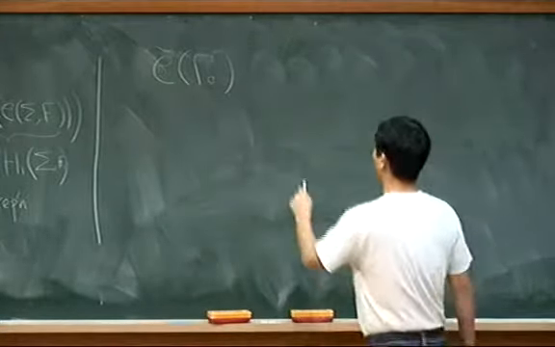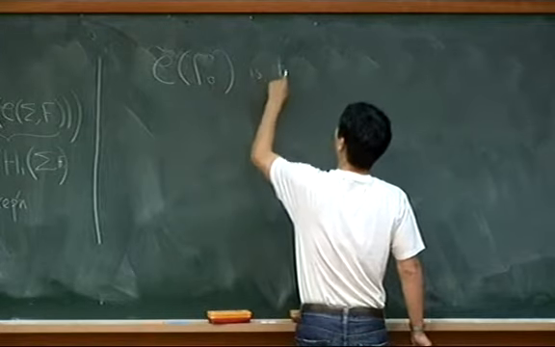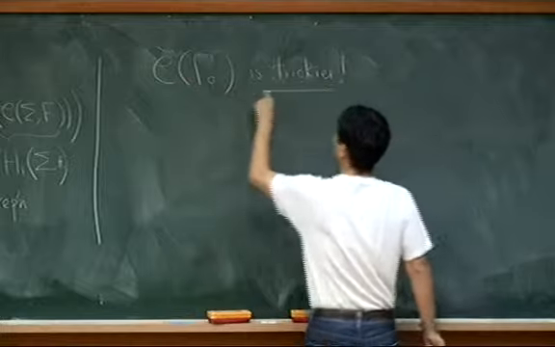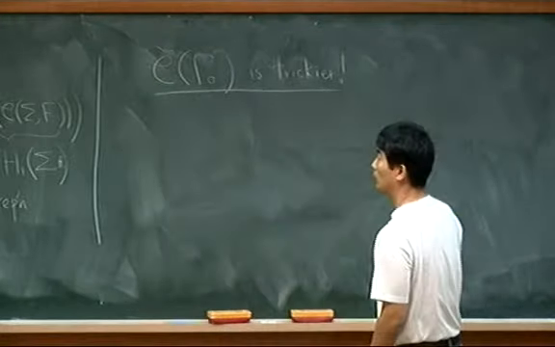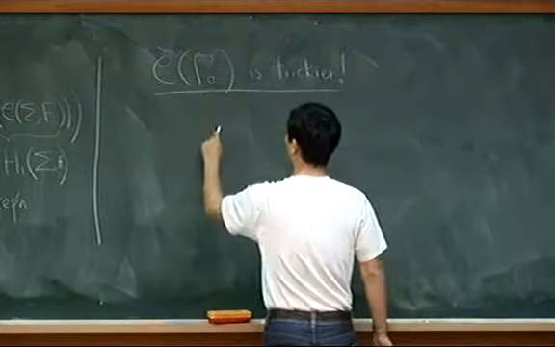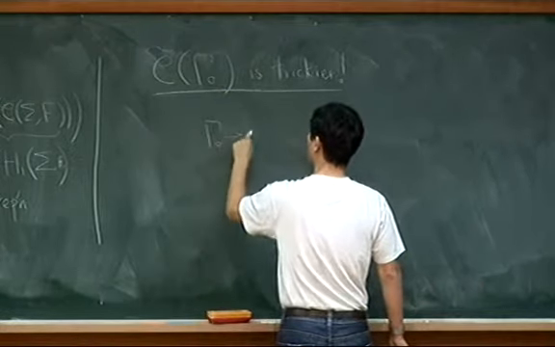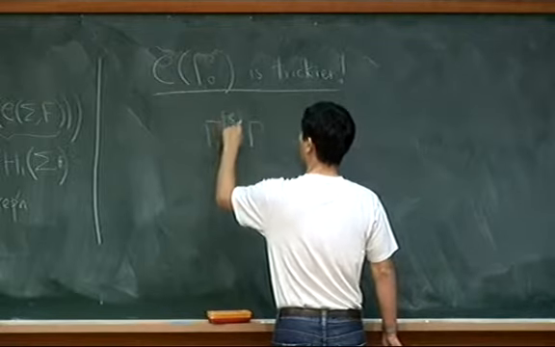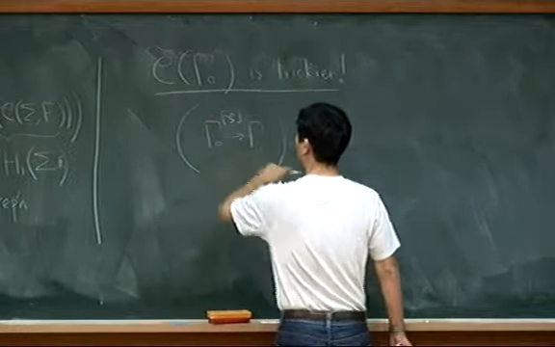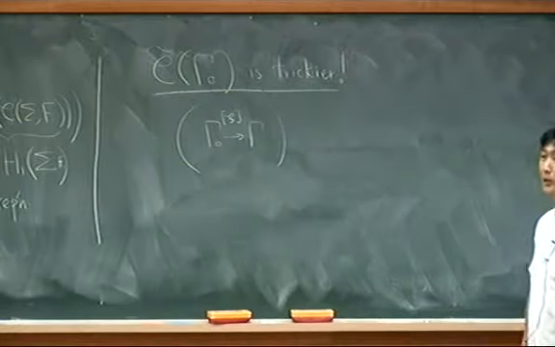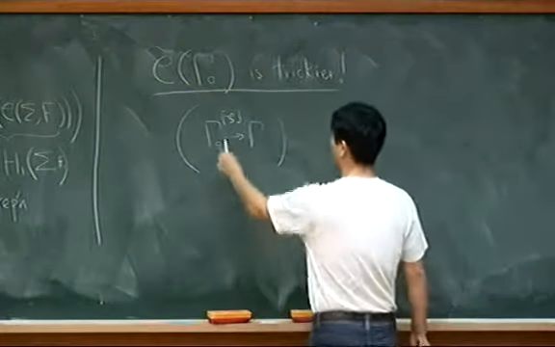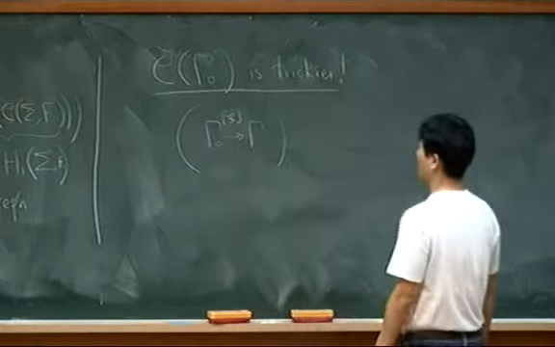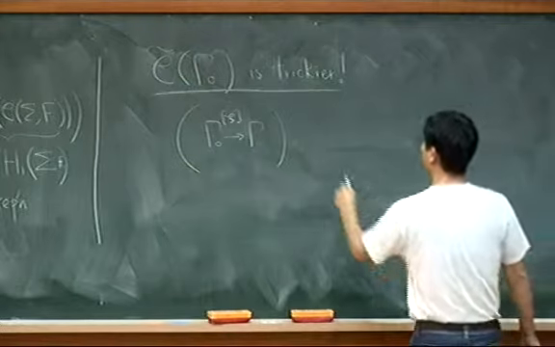Why is this trickier? You have gamma naught to gamma, and then some homotopy class of two-plane fields. This is an object in this category: a homotopy class of two-plane fields from the base point to the object that you're interested in.